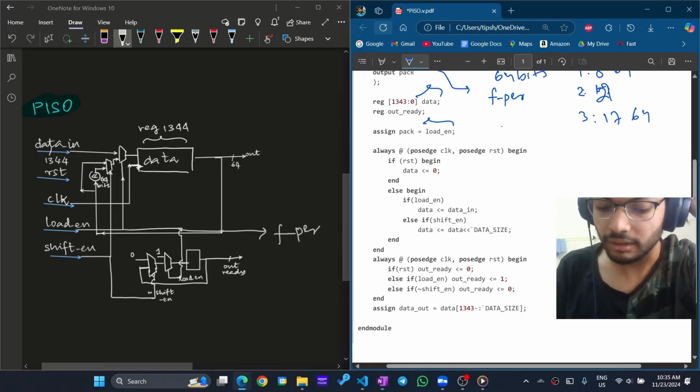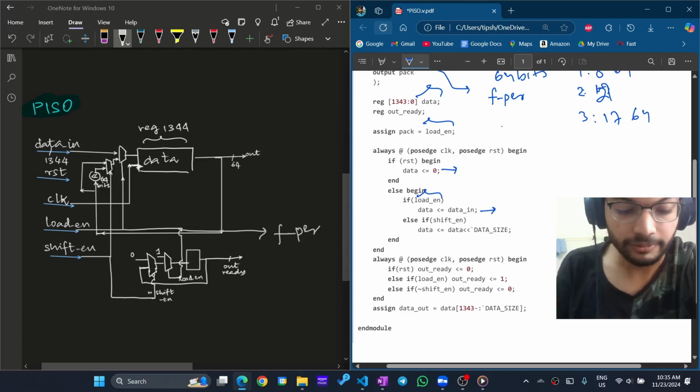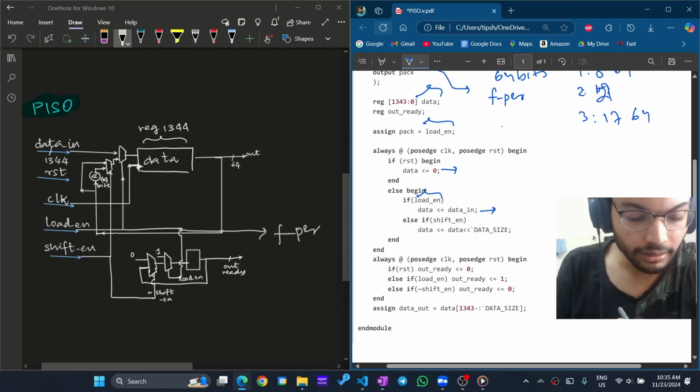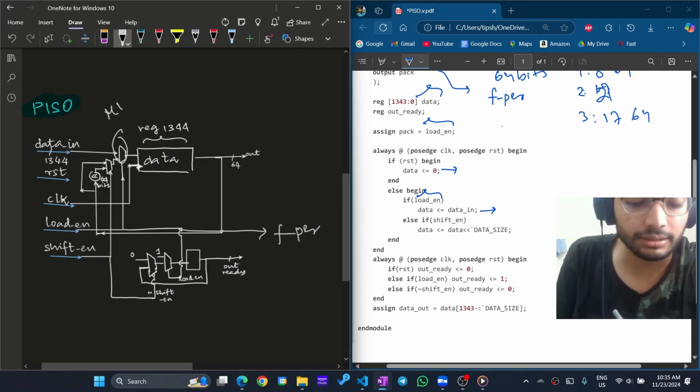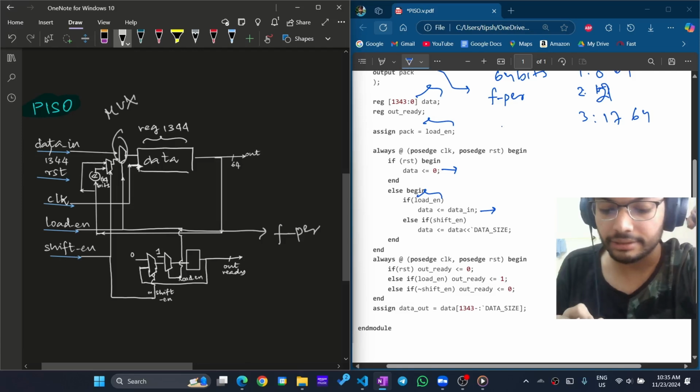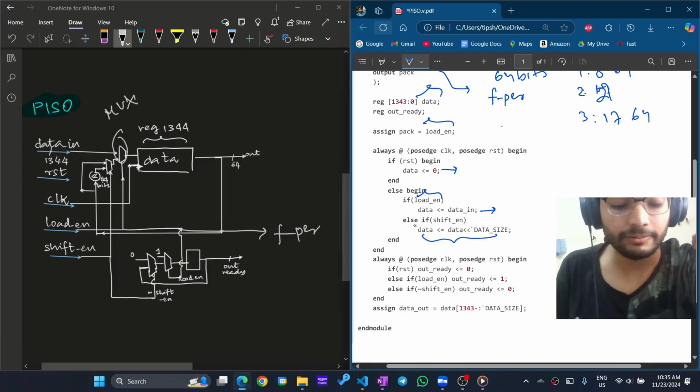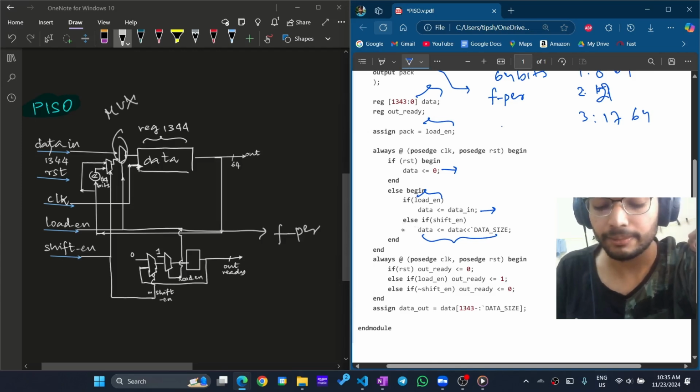And we have data which is reset on the reset signal, and then the data is loaded in based on load enable, which the logic is given here through this mux. And there's the shifting, which is an else if statement, which is preceded before the load enable.